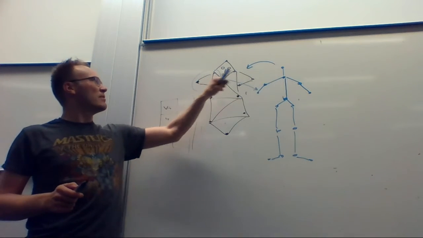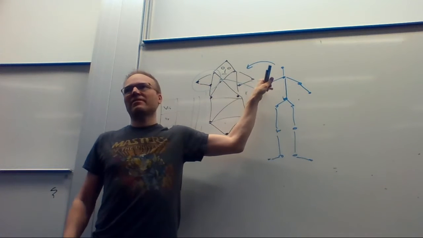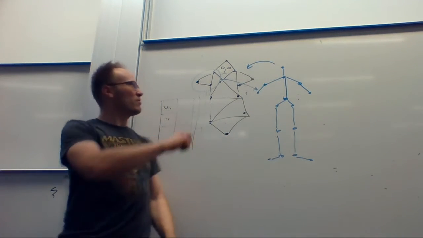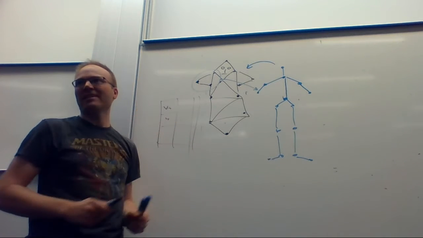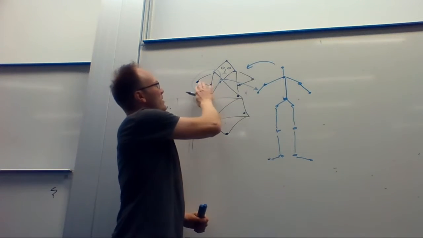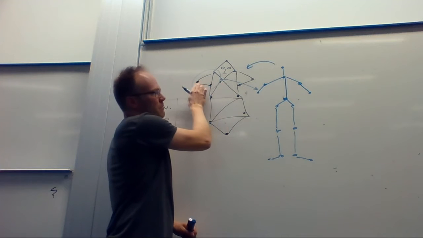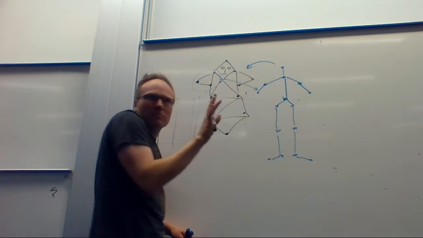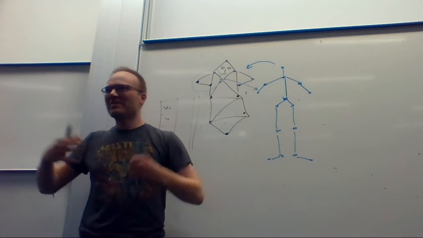So this vertex will move 50% of how much this bone moves. So you can go from 0 to 100%. So this vertex could possibly be affected by like the spine, maybe just a little bit. So it will still move a little bit.